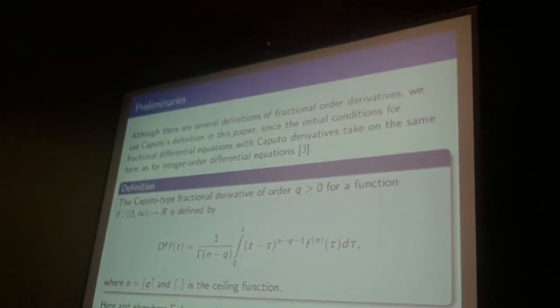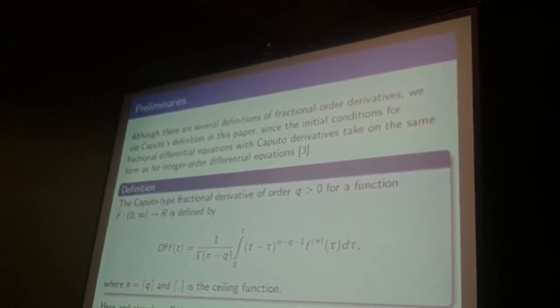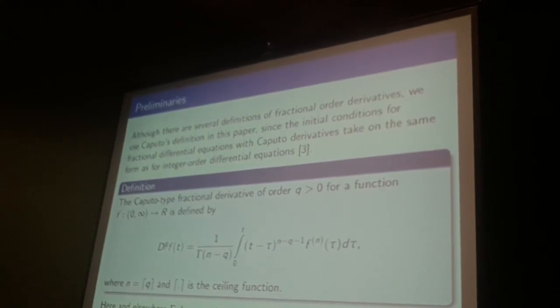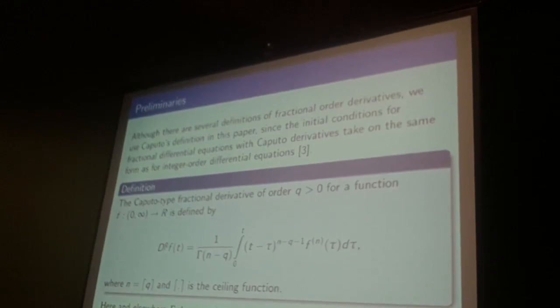There are some kinds of fractional differential definitions, like Riemann-Liouville, Grünwald-Letnikov, and sequential fractional differential equations. But we use Caputo type fractional differential equations because in the Caputo type, initial values are the same as in the classical derivative.